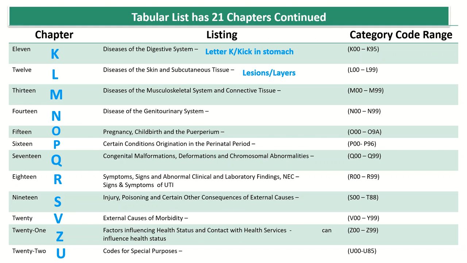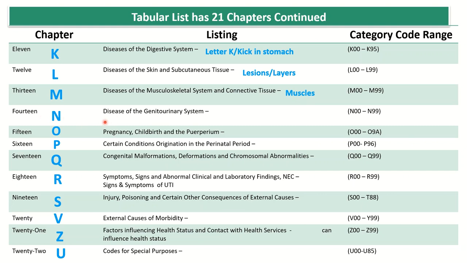Chapter 13, diseases of the musculoskeletal system. Diseases that involve the musculoskeletal system begin with the letter M, M00 through M99. When we think of the letter M, we think of muscles for Chapter 13 diseases.